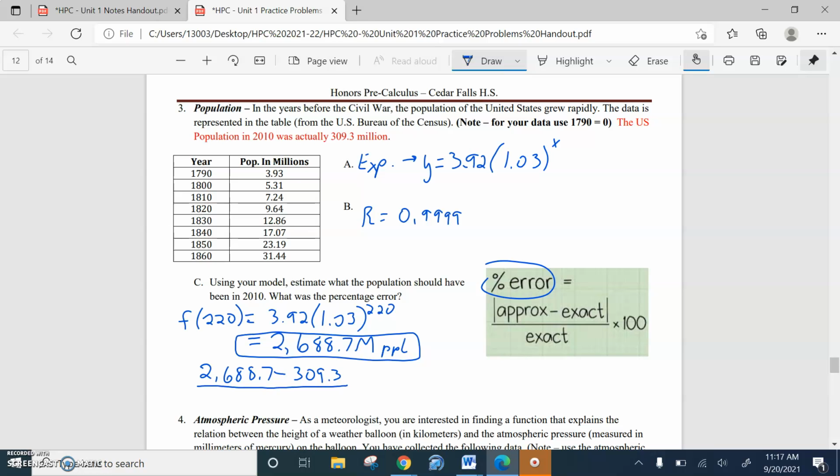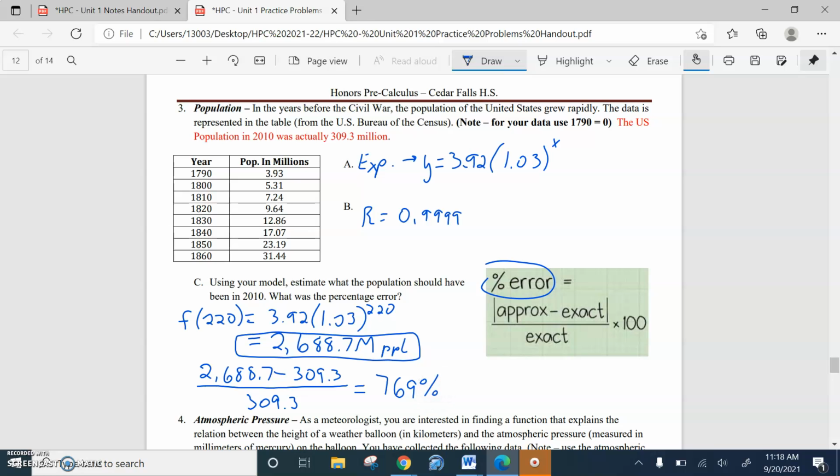It was expecting 309 million, and we got 2,688. That's divided by 309.3, which comes out to be 769% error. That is extremely far off.